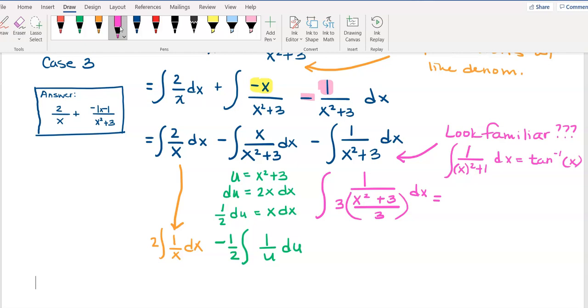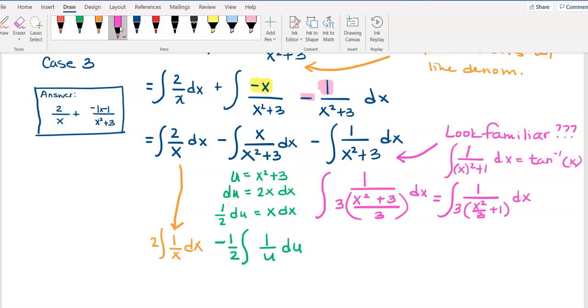So now we would have this expression. We would have our integral of 1 over, the 3 can be on the outside, x squared over 3 plus 1. And then we would be able to take this 3, pop it out in front as a 1/3, and then also put this 3 inside the square.